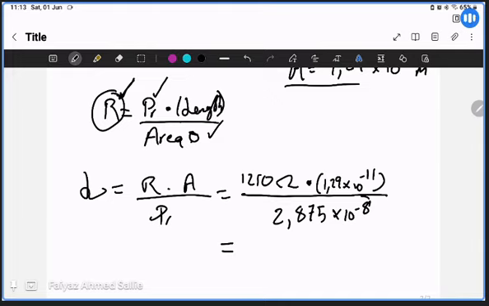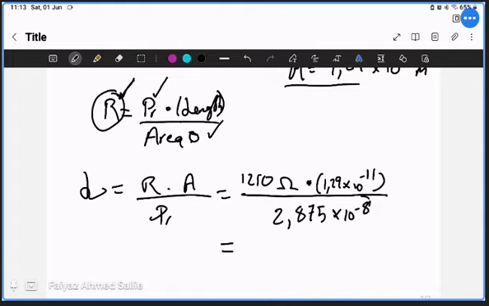So it's going to be resistance multiplied by area of 1,229 times 10 to the power of negative 11 over 2.875 times 10 to the power of negative 3, equal to.